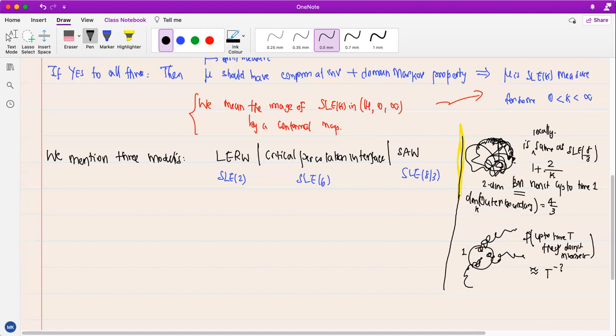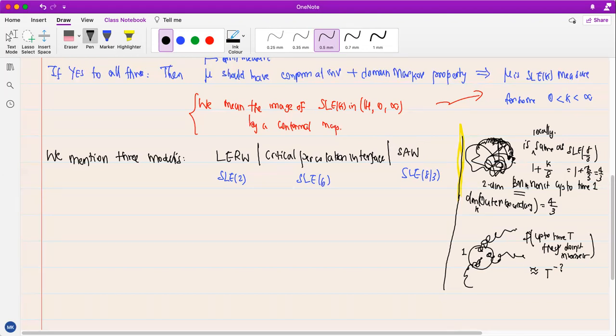We said that when kappa is less than 8, the dimension of SLE kappa is 1 plus 2 over kappa. If you put 8 by 3 here, you get 1 plus 3 by, sorry, something is wrong here. Is it 1 plus 2 over kappa? Sorry, 1 plus kappa over 8. So that becomes, in this case, 1 plus 1 by 3, which is 4 by 3.